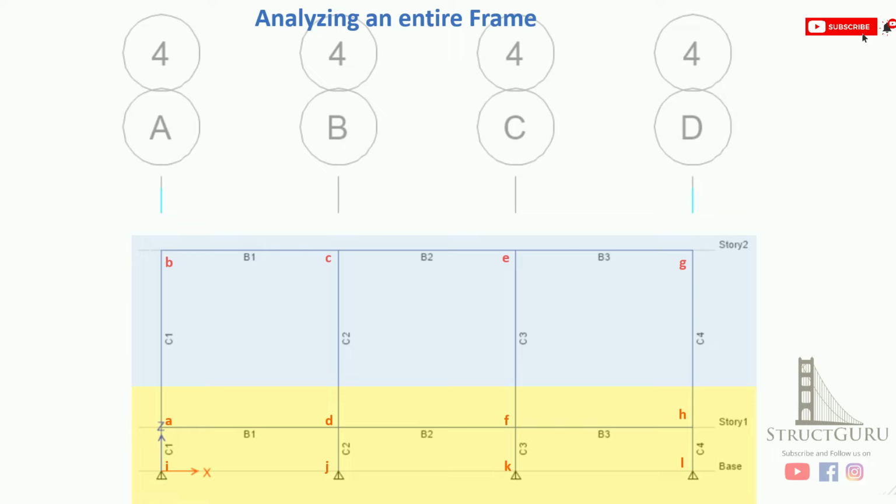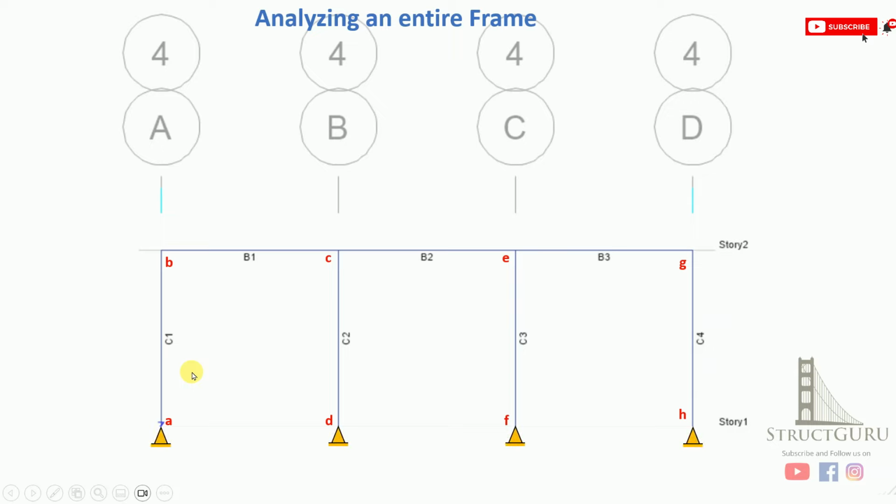This is actually not fixed. It could be partially pin, partially fixed, and that moment distribution has to be done with respect to stiffness calculations. That's why considering the entire frame gives you a relatively realistic picture of the moment as compared to an individual continuous beam. So right now I'm assuming pin connections at the joints.